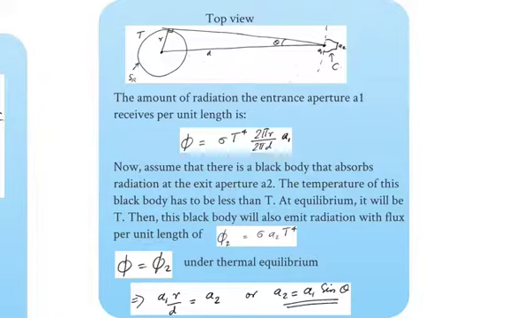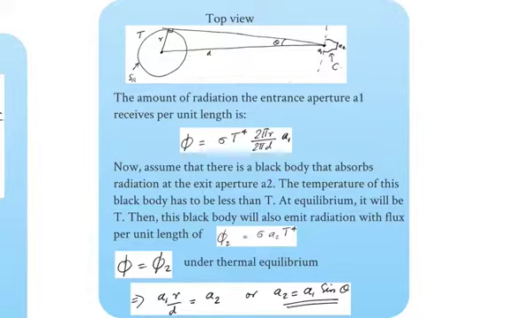Now, we're going to assume that there is a black body that absorbs the radiation at the exit aperture A2. As I said before, we're going to put a solar cell here. Okay, solar cell or anything that absorbs light, we're going to treat it as a black body. Now, when you first put this black body here, it's going to be at some temperature, room temperature, whatever. But eventually, it will reach the same temperature as the source, assuming there's nothing else in the universe, right?